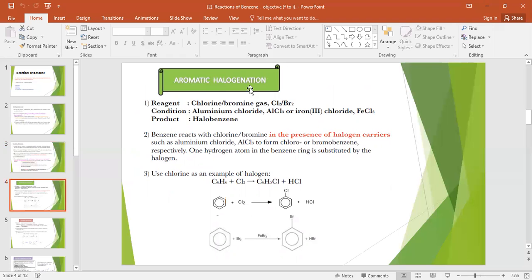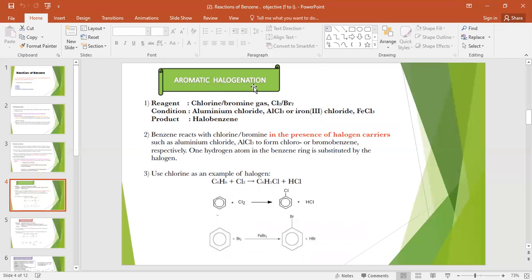Aromatic halogenation. You add either chlorine or bromine gas. First, for the chemical reaction, you need to understand the requirements. You need the reagent, that is chlorine or bromine gas, Cl2 or Br2. Both are halogens, so we call it halogenation, the addition of a halogen on the benzene ring.